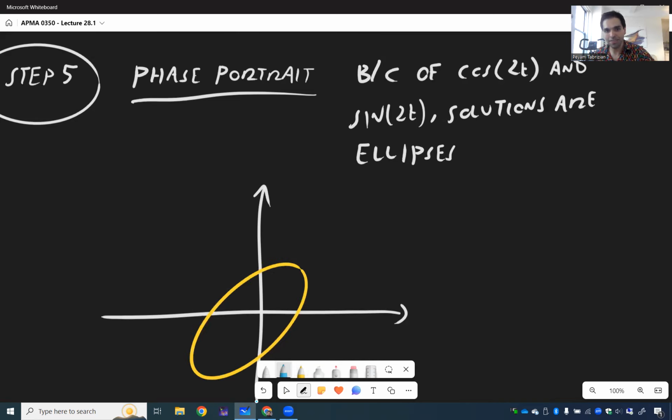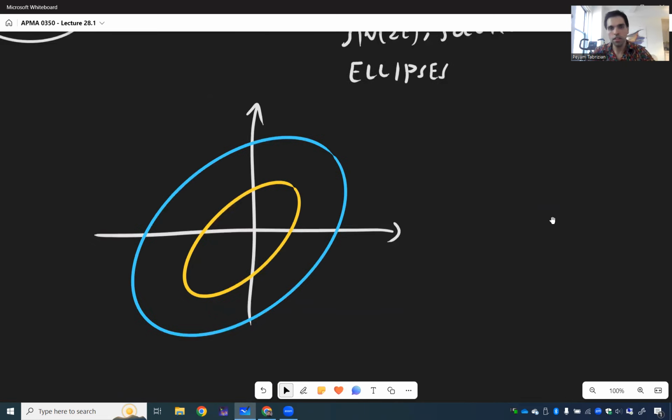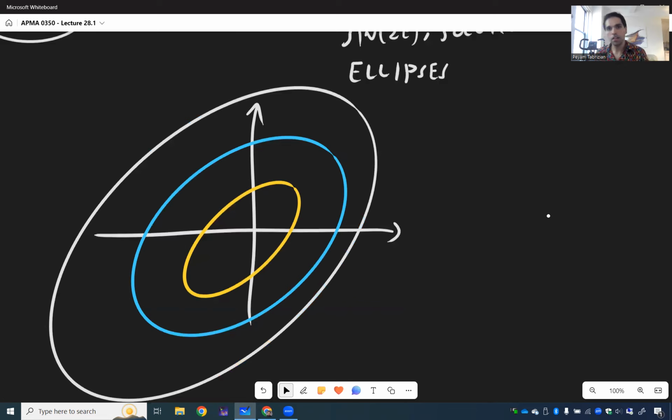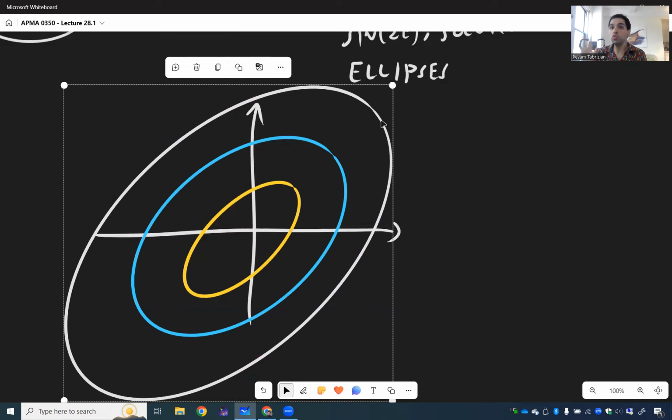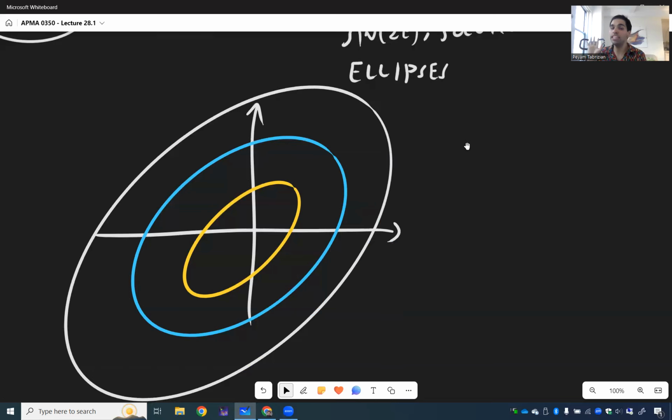Maybe like this. Oh, very nice. Just like that. And I do want to tell you from the outset, you do not need to know how to find the axes of the ellipses. Those are very hard to find, and I kind of outlined this in the notes how to find them, but they're not just the eigenvectors. It's a little bit harder.